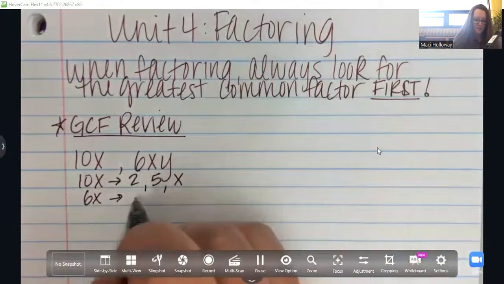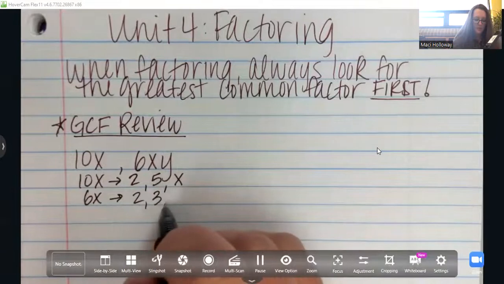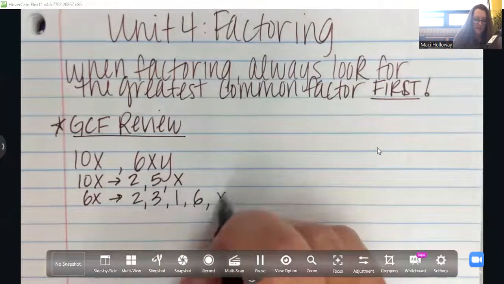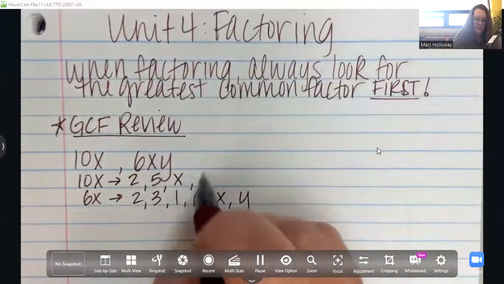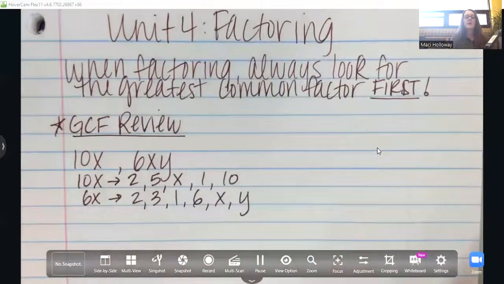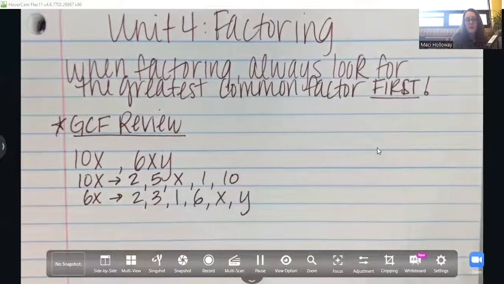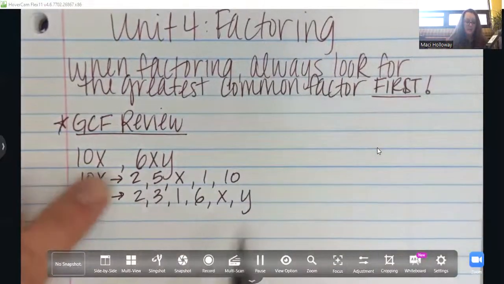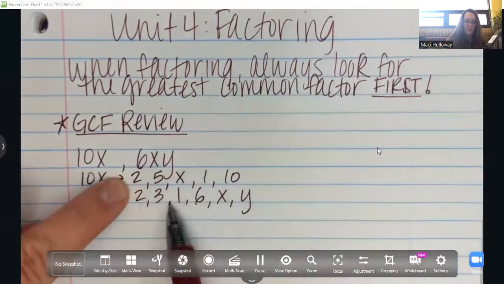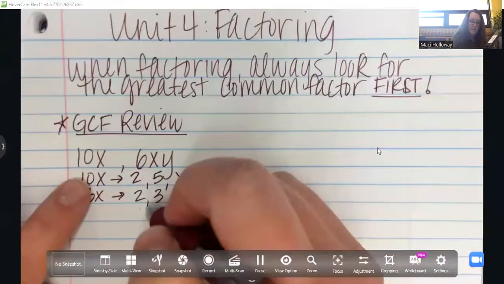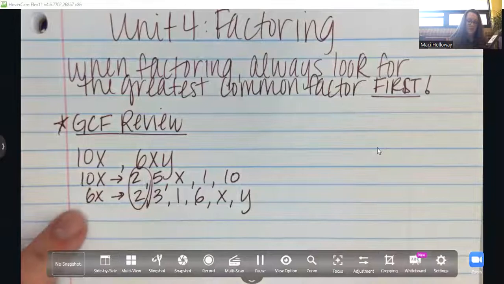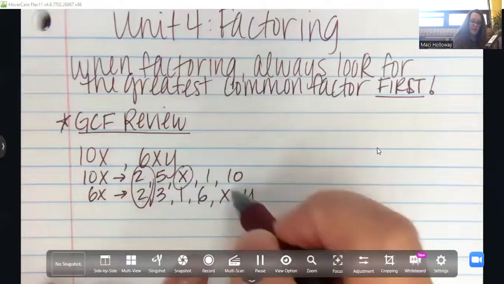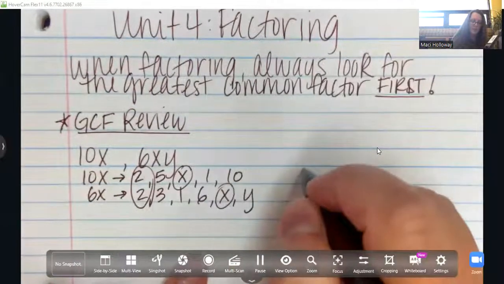The factors of 6xy are 2, 3, 1, 6, x, and y. Oop, I forgot 1 and 10 up here, didn't I? All right, so I'm looking for the largest factor for each of these. So it looks like I have 1 and 2, but my largest one is 2, right? And then what else do they have in common as far as letters? It's just an x.